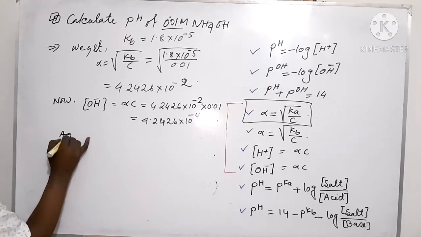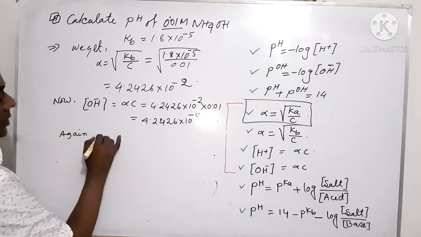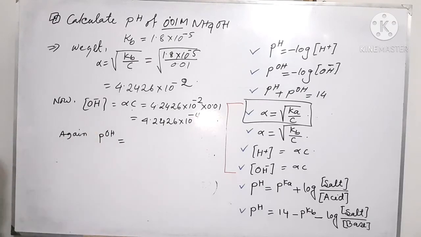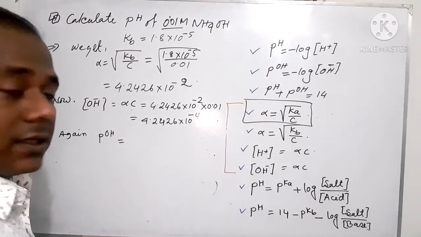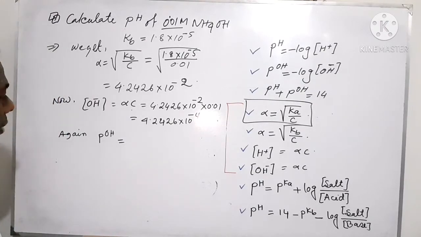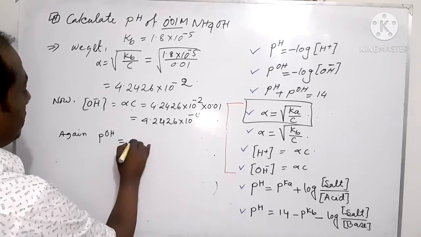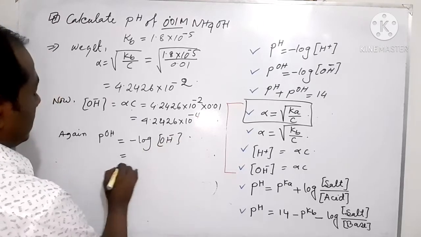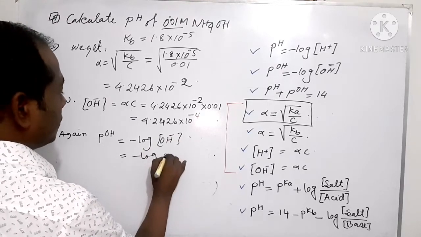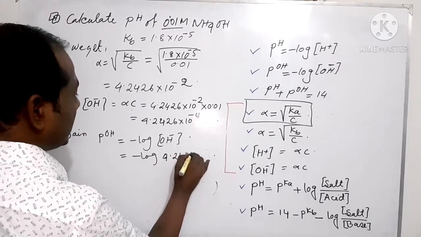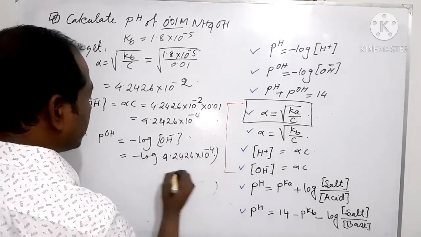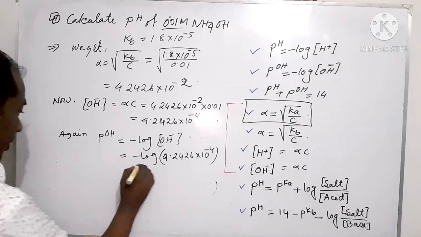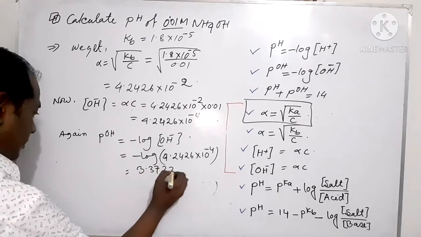Again, we have the concentration of hydroxyl ion, so we have to calculate the pOH. pOH equal to minus log of the concentration of hydroxyl ion, minus log of 4.2426 into 10 to the power minus 4, and we get the value 3.3723.